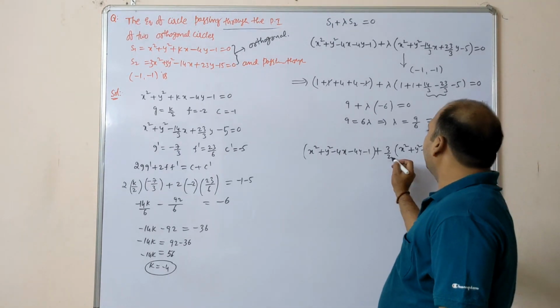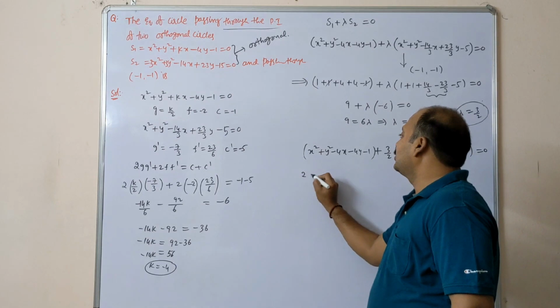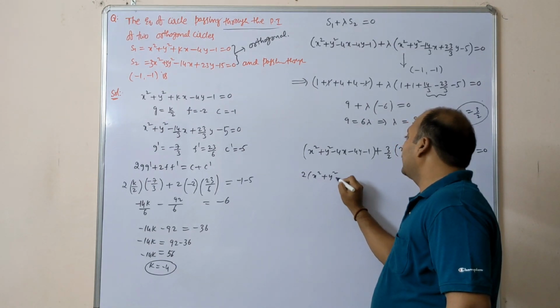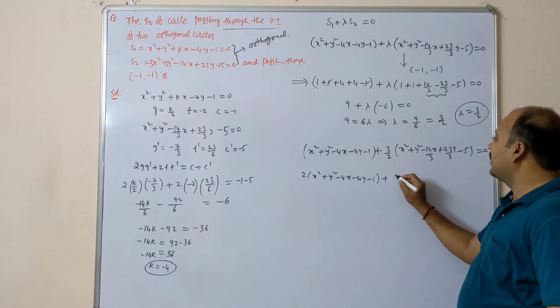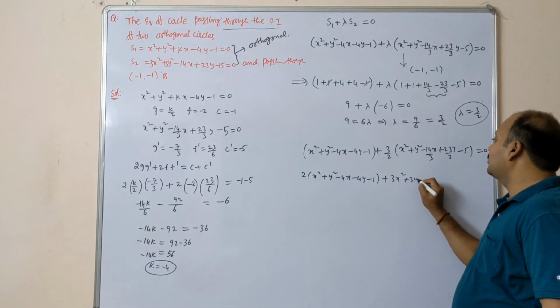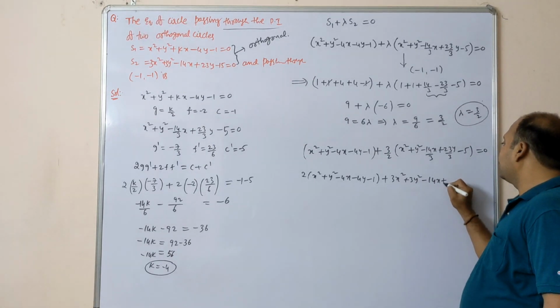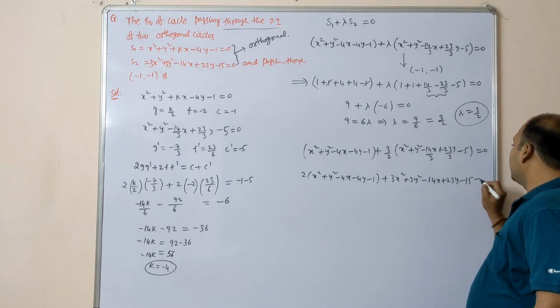Completely multiply this equation by 2. 2 into x square plus y square minus 4x minus 4y minus 1, and each and every term multiplying by 3: 3x square plus 3y square minus 14x plus 23y minus 15 equal to 0.